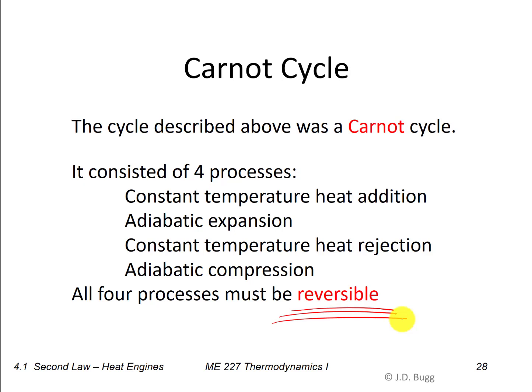So if the cycle has no irreversibilities, then it's impossible for us to build another cycle that has a higher efficiency, because you cannot produce a cycle that has a higher efficiency than a reversible cycle. So a Carnot cycle is very important because it's going to place an upper limit on the efficiency of any heat engine. So we want to investigate the efficiency of a Carnot cycle, and we're going to be doing that over the next little while.